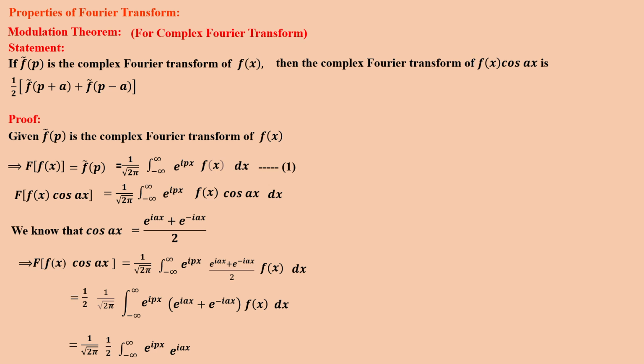So first e power iax f of x dx, plus, splitting the integral, 1 by root 2 pi, 1 by 2 integral minus infinity to plus infinity e power i px into e power minus iax f of x dx. So that is equal to 1 by root 2 pi into 1 by 2 integral minus infinity to plus infinity e power, grouping the powers, i is common, x is common, so you will get i p plus a into x f of x dx.